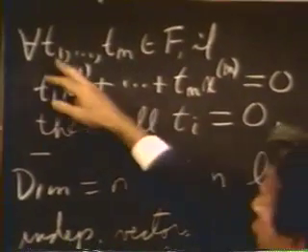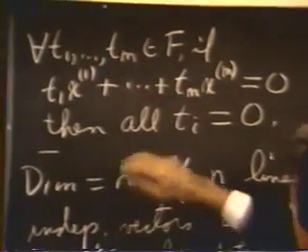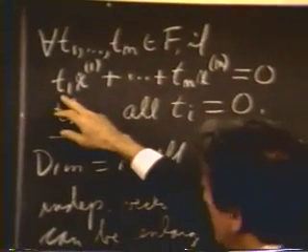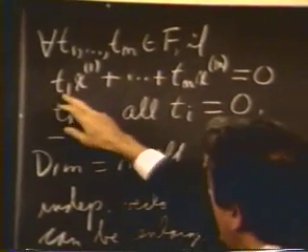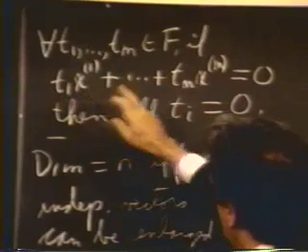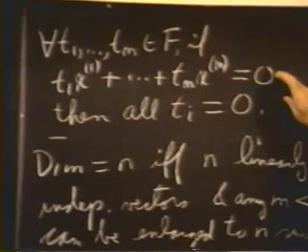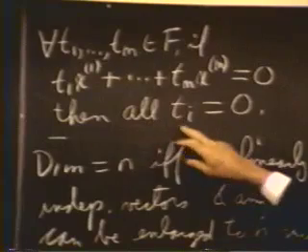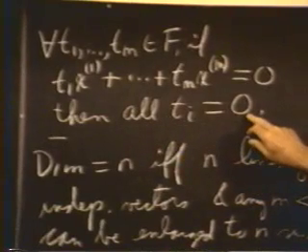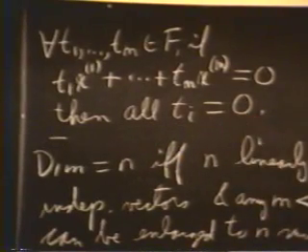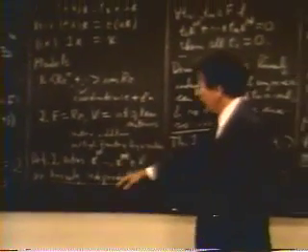For all scalars t1 to tm, when we multiply the scalars by the vectors in the manner indicated, t1 x1 plus out to tm xm, if that sum is equal to 0, then all the t sub i's must be equal to 0. And that is the condition in order for all of these vectors to be linearly independent.